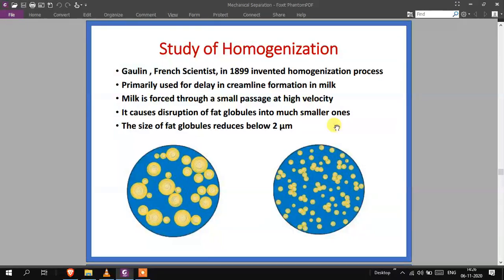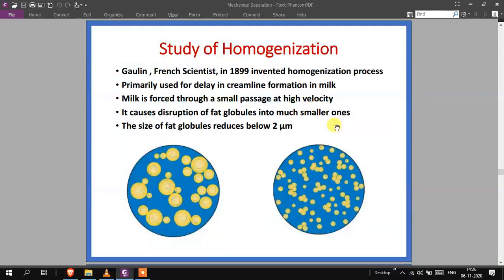Fat is surrounded by a protein membrane which keeps the fat globules in an emulsion state in the milk, which is called the MFGM, the milk fat globule membrane. The concentration of fat ranges from 3 to 6% depending upon the breed.